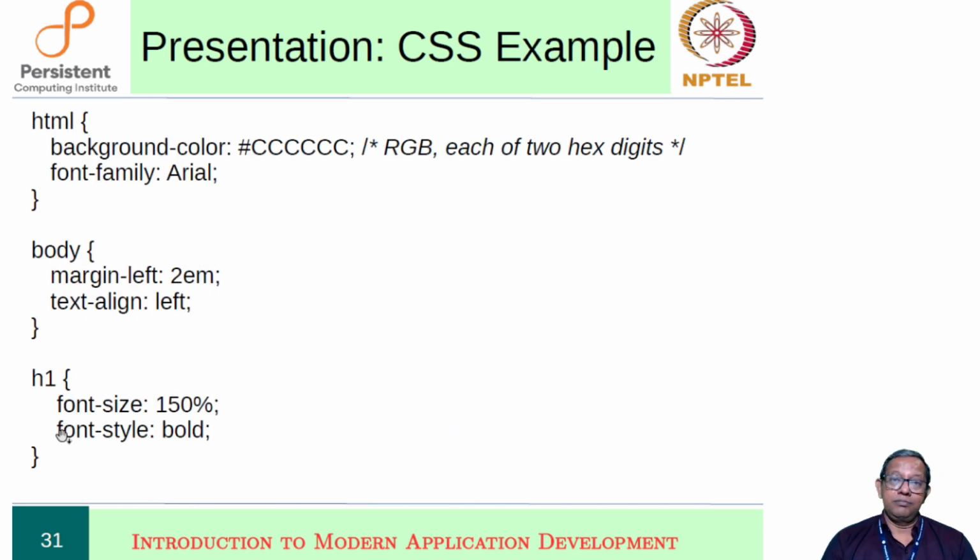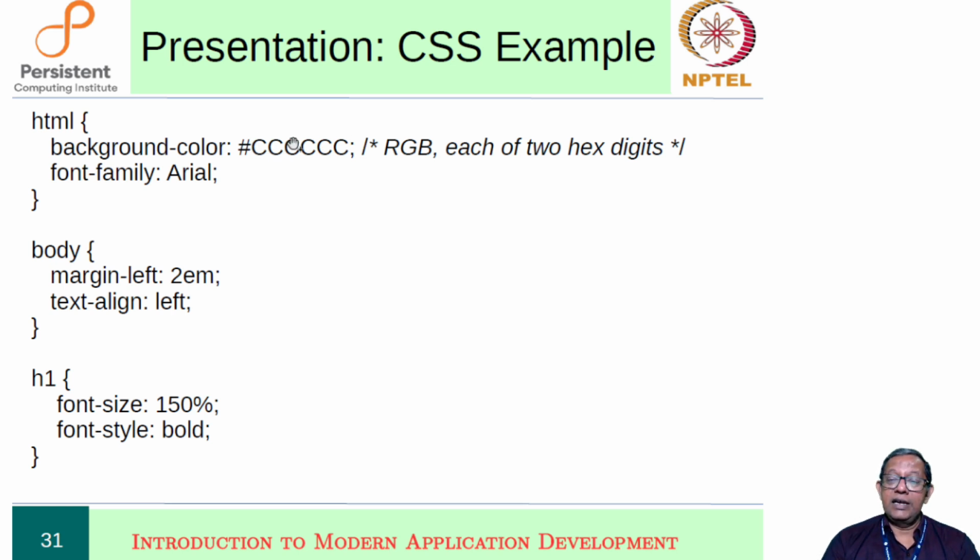Here is an example. This example actually just illustrates how markup tags are to be presented. The HTML tag, there is a colon here that is missing in this example. In fact, throughout this entire slide, HTML colon open brace. The background color has a value #CCCCCC.